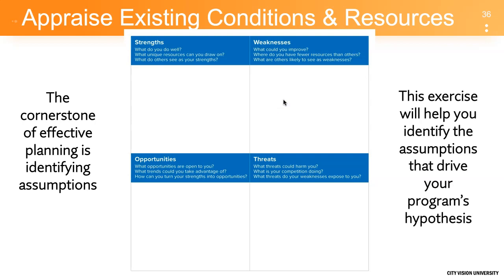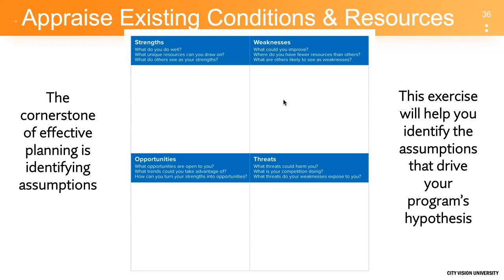This exercise is going to help you identify the assumptions that drive your program's hypothesis. If you can identify each one of these assumptions, you're going to be able to address each one of them in the building of your program. One of the biggest blind spots that program developers have is the inability to identify the assumptions that they carry regarding their program, how it's going to be accepted, how people will be able to graduate, how they'll be able to raise dollars.